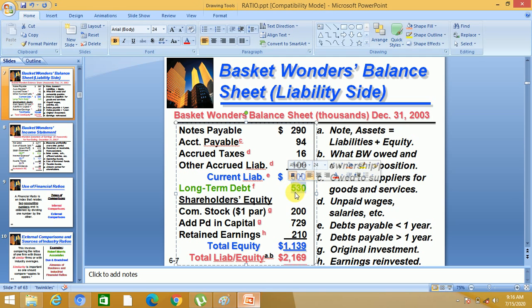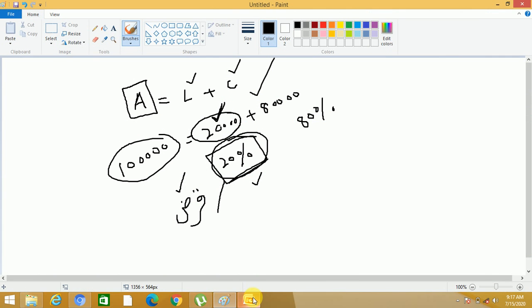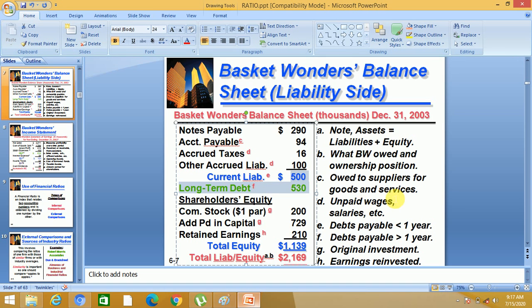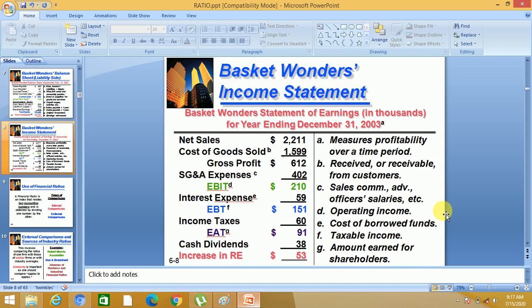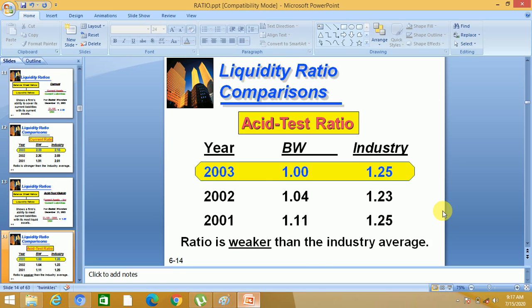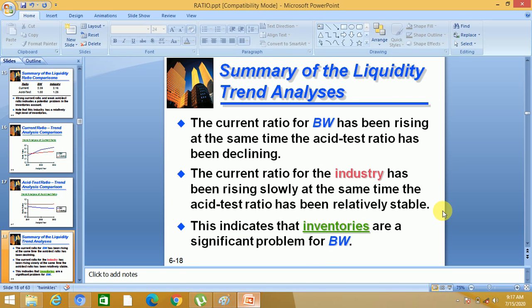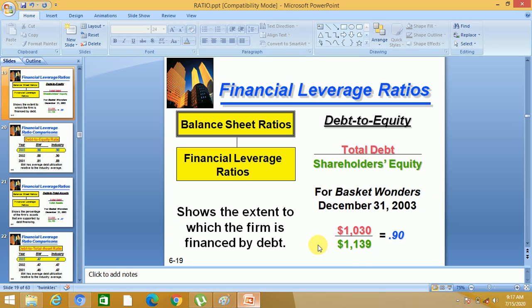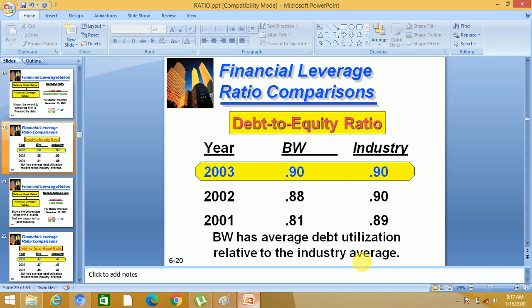So the total becomes 1,030. And this is our total shareholders' equity, 1,139. So 1030 divided by 1139 gives us 0.90.